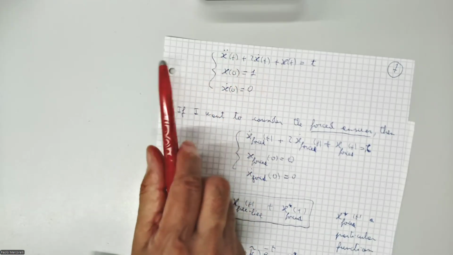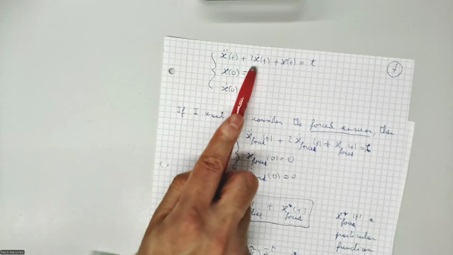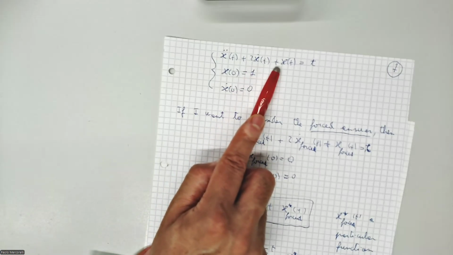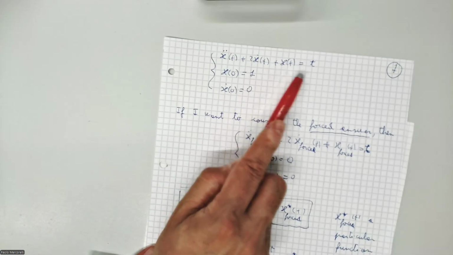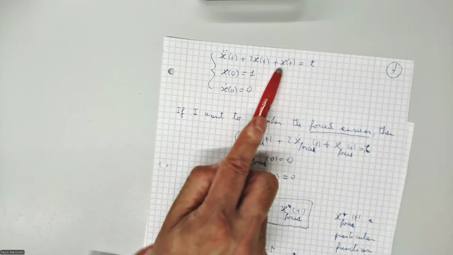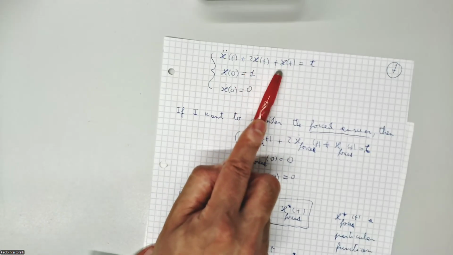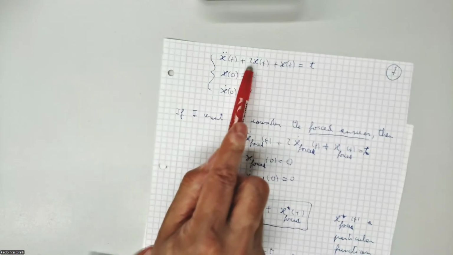The second derivative of a polynomial of the first order is 0. This means 2A plus A multiplied by t plus B equal t. This means A equals 1, because the unique element here is At, and B equals 2, minus 2, excuse me.